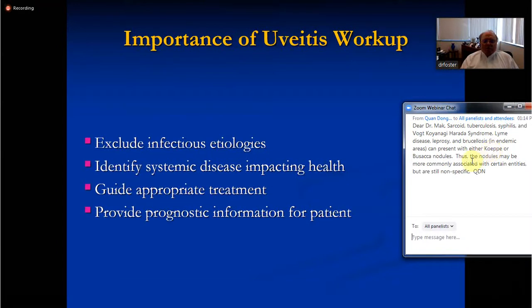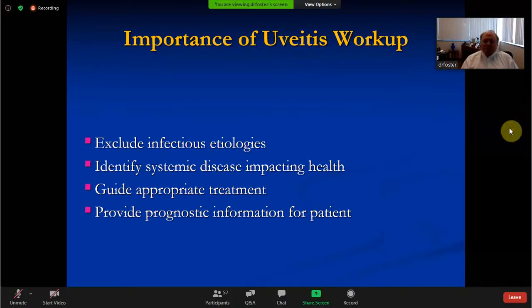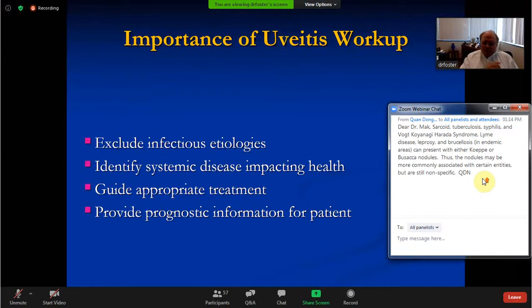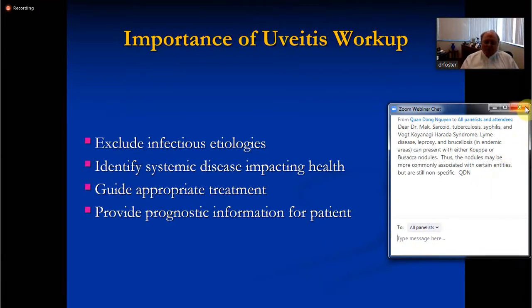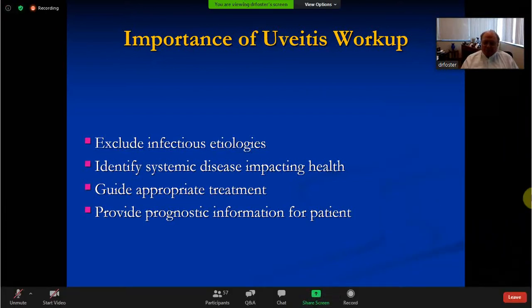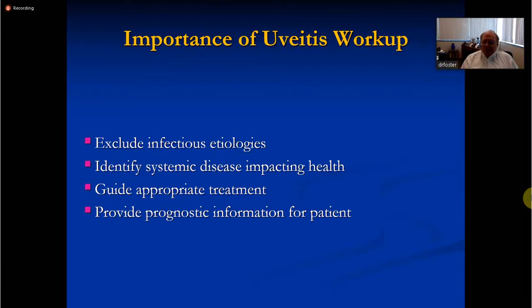The workup of a person with uveitis is terribly important. You want to do your best to make sure that you're not dealing with an infectious problem, because using steroids or an immunosuppressive agent in such a case can make matters worse. You want to make a best effort at identifying a systemic disease that could be causing the problem and choose your therapy appropriately and give the patient what you think the prognosis is for their case.